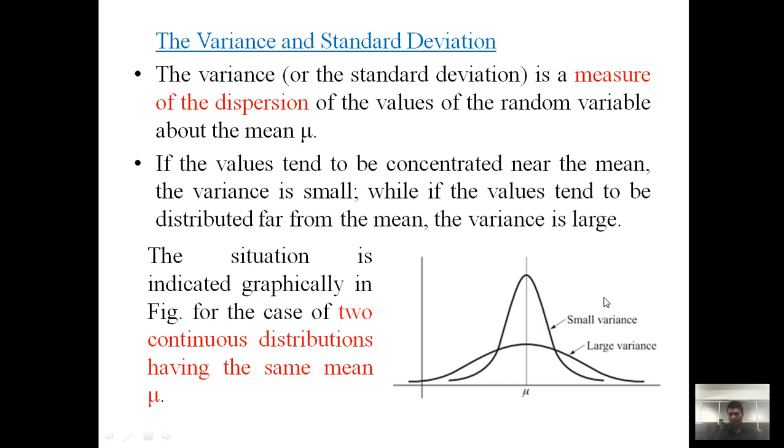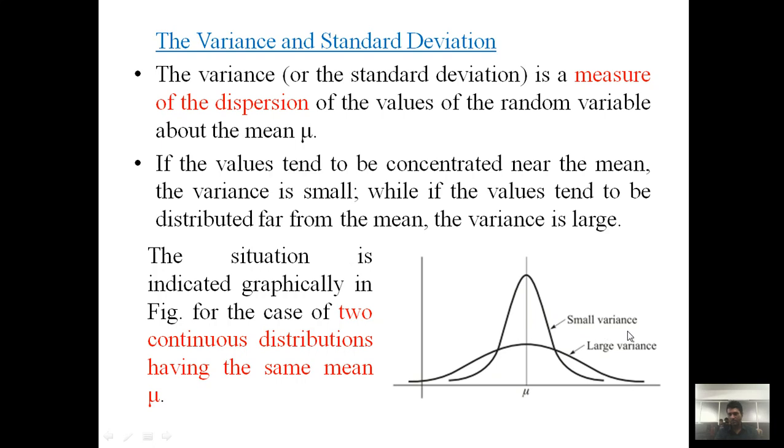Suppose in this figure, the middle line represents the average value, that is, the expected value. It is denoted by mu, also known as E of x. If the values tend to be concentrated near the mean, in other words, the variance is small.